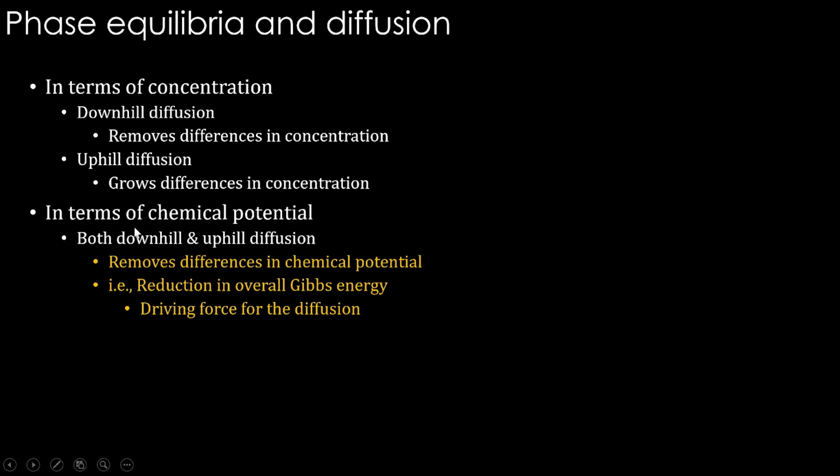Now if you understand them in terms of chemical potential, both downhill and uphill diffusion remove differences in chemical potential. In the chemical potential sense, it should become uniform everywhere. That means reduction in overall Gibbs energy. And this, chemical potential becoming uniform everywhere or Gibbs energy becoming lower, is the driving force for diffusion.